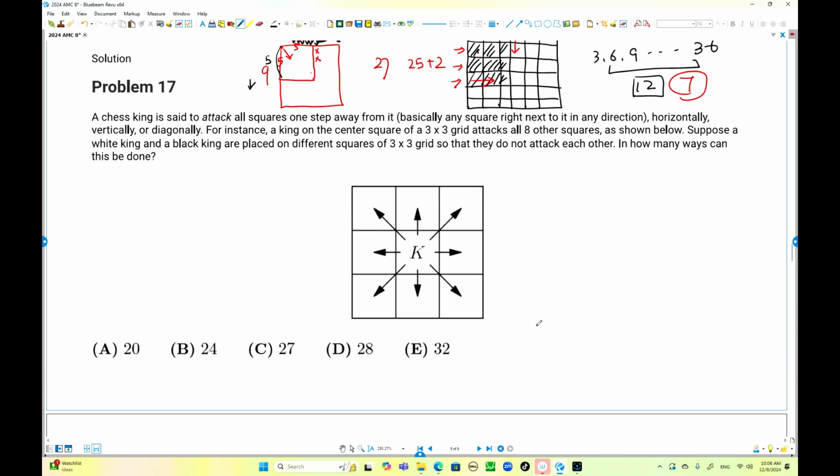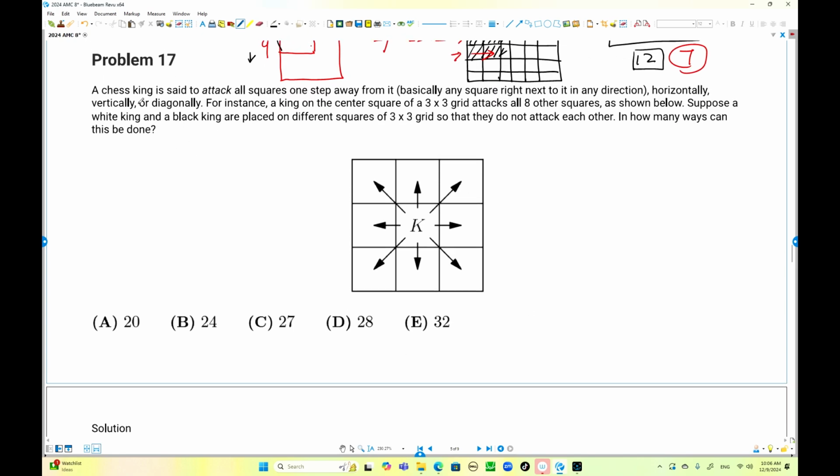Number 17. Chess king is set to attack all squares one step away. Okay. Horizontally, vertically, or diagonally. For instance, we can attack here, right? If we have a king over here, it can attack every square, right?